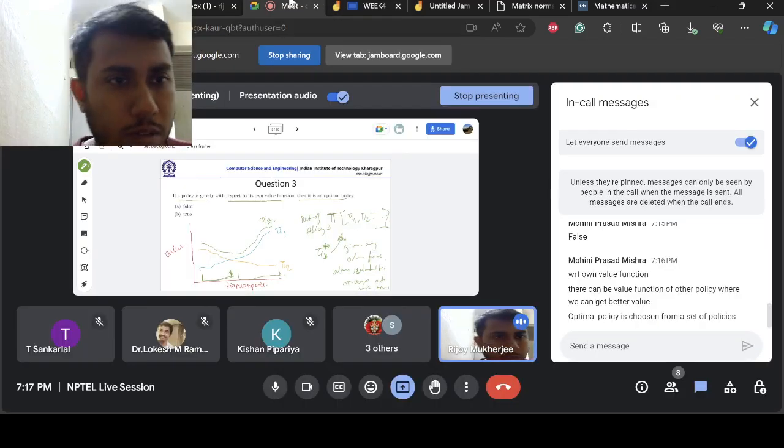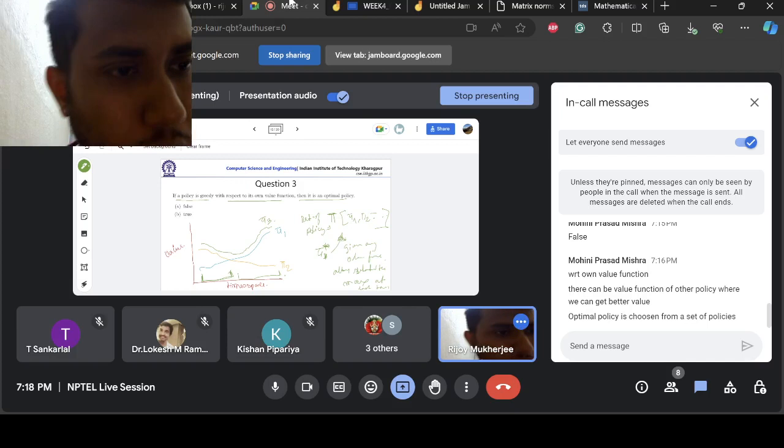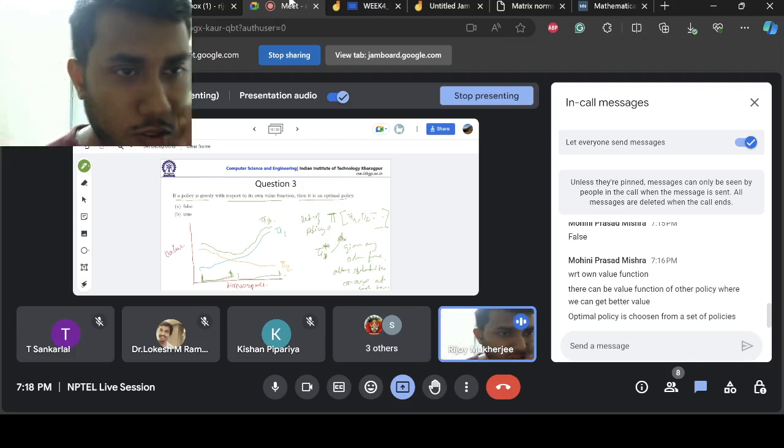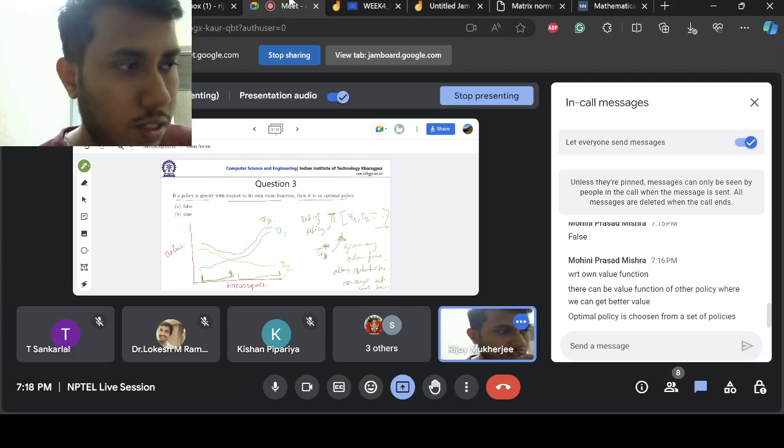So from that concept, the optimal policy is basically chosen from a set of policies, right?